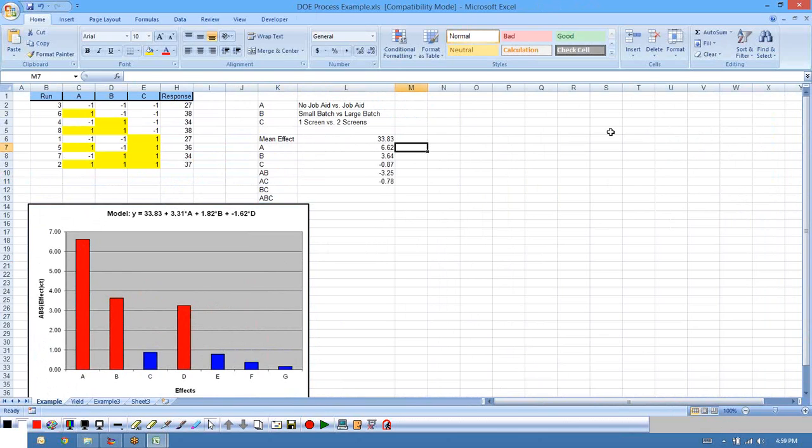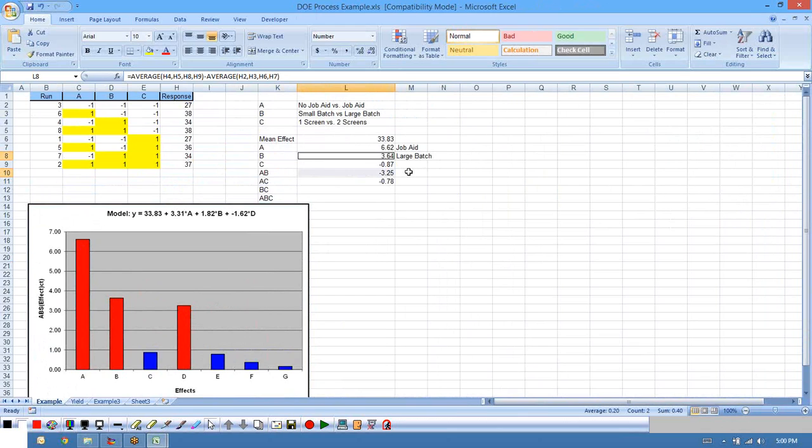If we look at it, we would say I want a plus here, right? I want to use the job aid because that would tend to increase. I want to use, this would say large batch, but this would say, if I'm using the large batch and the job aid, it's almost a wash.